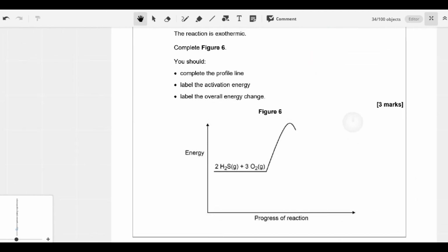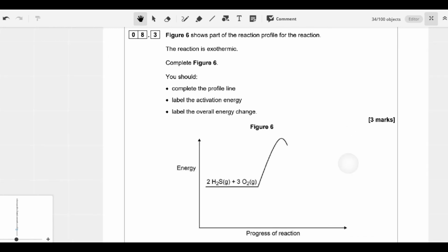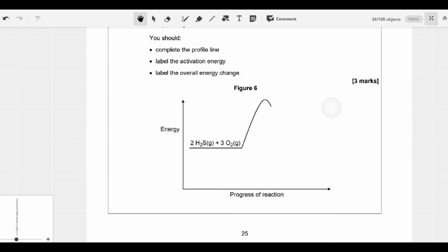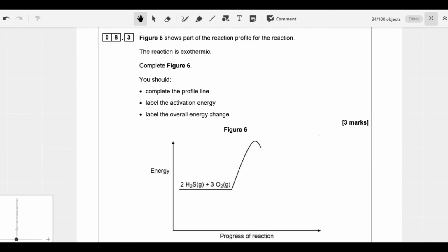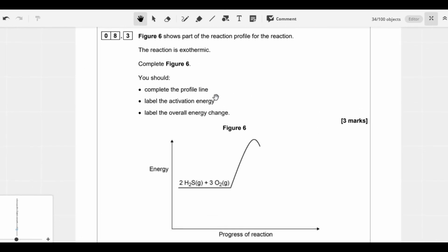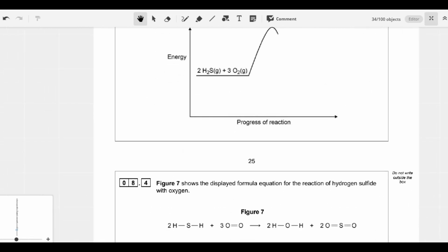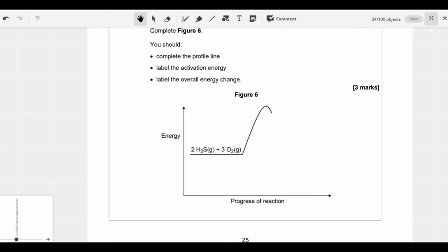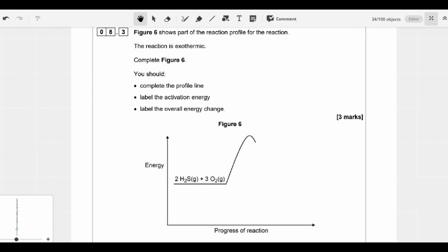Okay, the next question here is about the energy diagram. You should complete the profile line, label the activation energy, and label the overall energy change. So here is Fig 6. Now, the reaction is exothermic.